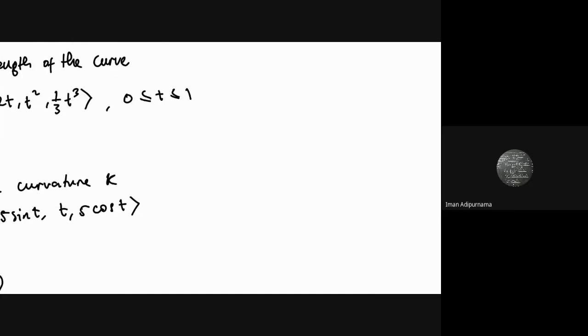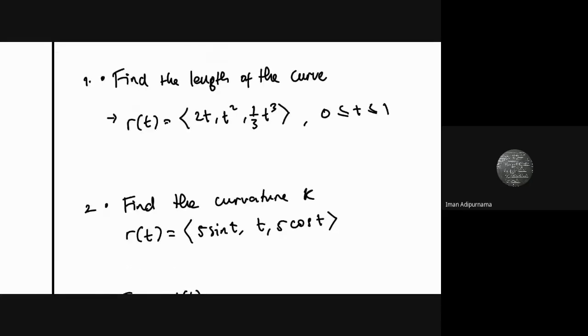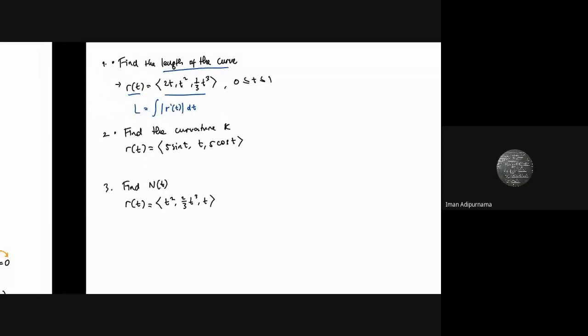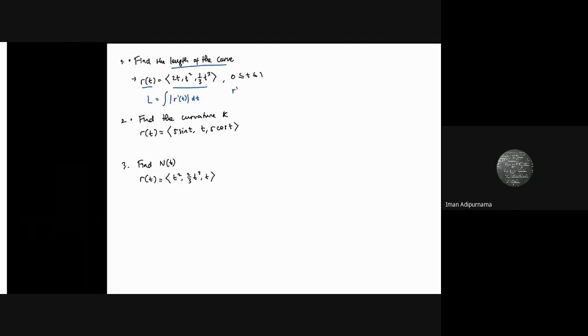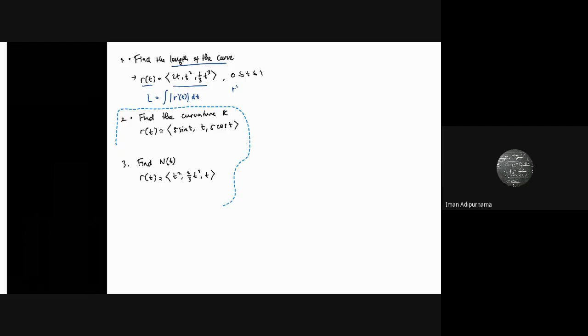Okay, let me start from the first one. We need to find the length of the curve of this curve. The length of the curve, remember, let me write here, is this. So we need to find the first derivative. Okay, the first derivative. Let me move this to.